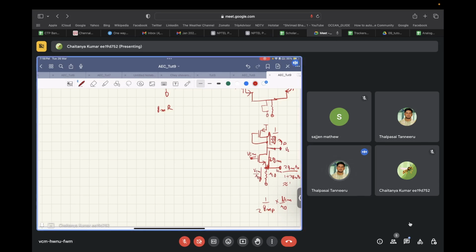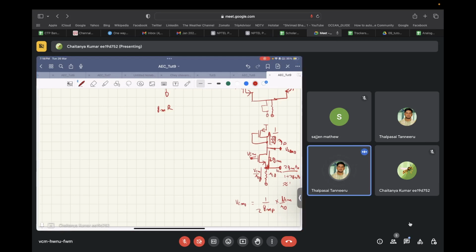So what is the voltage that is developed at the output, VCMO? Current times the load, VCM by R naught times the load, that is 1 by 2 GMP.